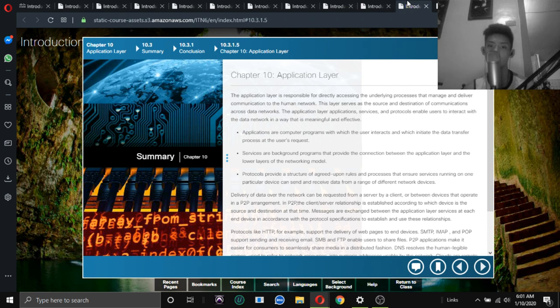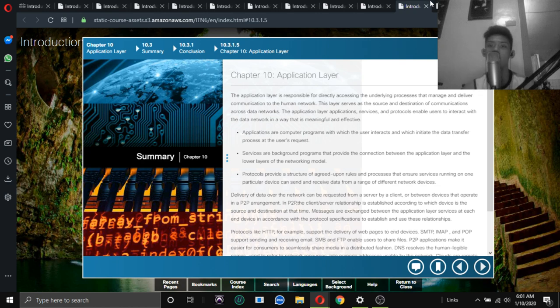Services are background programs that provide the connection between the application layer and the lower layers of the networking model. Protocols provide a structure of agreed upon rules and processes that ensure services running on one particular device can send and receive data from a range of different network devices.